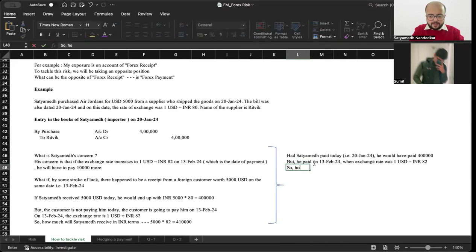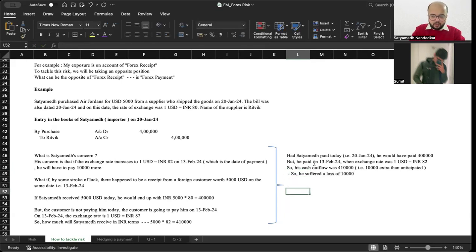So his cash outflow was 4,10,000. That is 10,000 extra than anticipated. So he suffered a loss of 10,000.